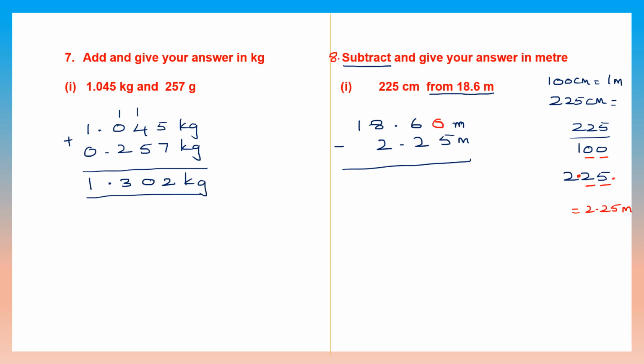So how do we make that? We just put a 0 there. So now they become like decimals. Okay, now let's begin our subtraction. 0 minus 5 you can't do, so you borrow from here. So that is 10 minus 5. 10 minus 5 is 5. Then 5 minus 2 is 3. 8 minus 2 is 6. And 1. So we have subtracted and the unit is meters. So we have answered the question, we have subtracted and given our answer in meters.